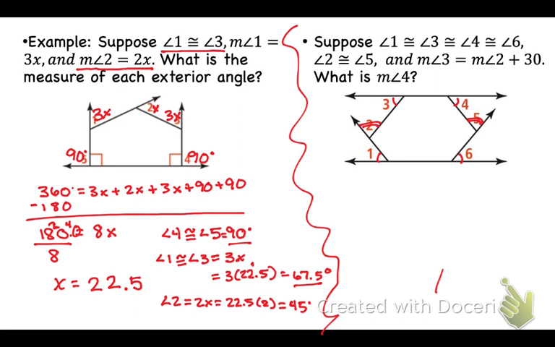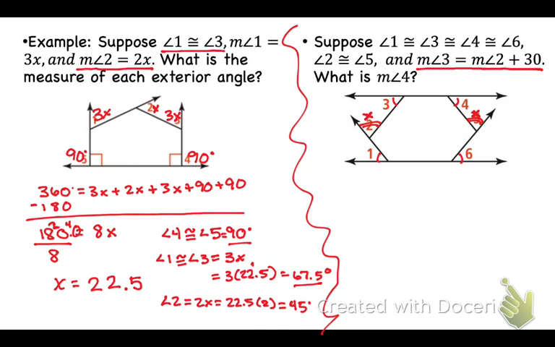Well, they all equal how much? 360, because they're exterior angles. And it says the measure of angle 3 is equal to the measure of angle 2 plus 30. So what if I put an x on 2? Where else does an x go? 5.